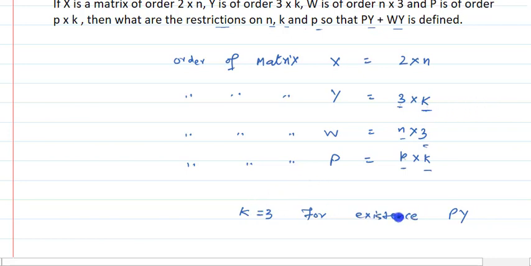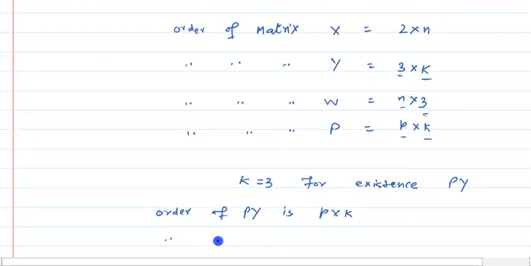So, let us write these observations. k should be equal to 3 for the existence of PY, and let us now write the order of PY. The order of PY is clearly p by k, as I just explained, because we are multiplying P and Y. So it is p by k. And as I just explained, the order of WY is n by k.